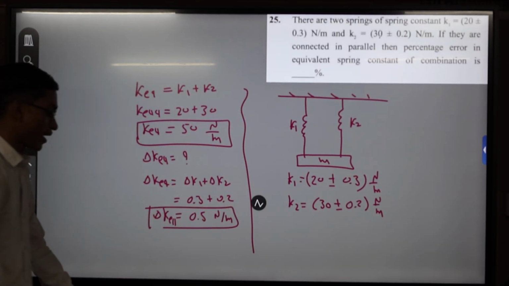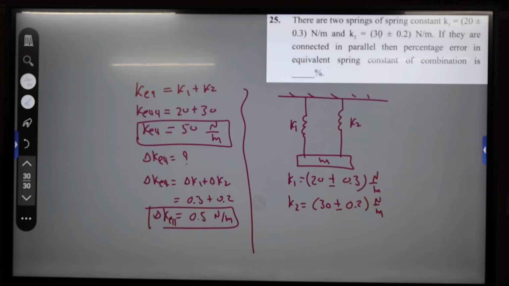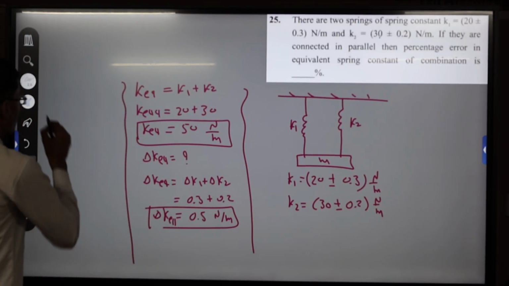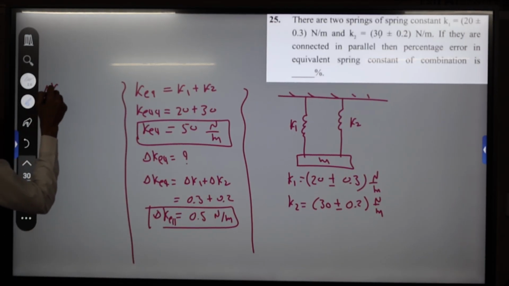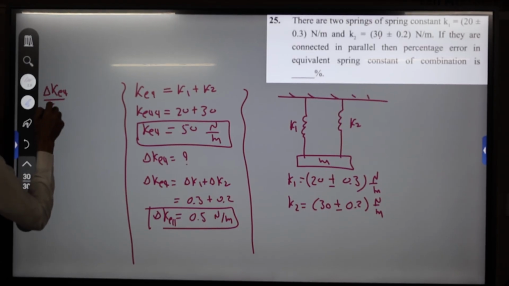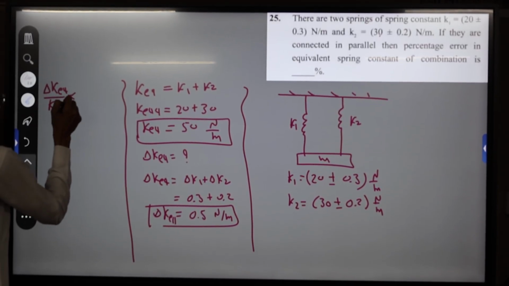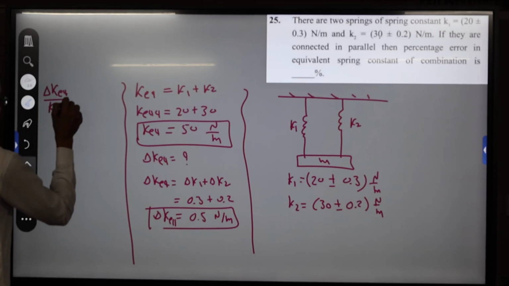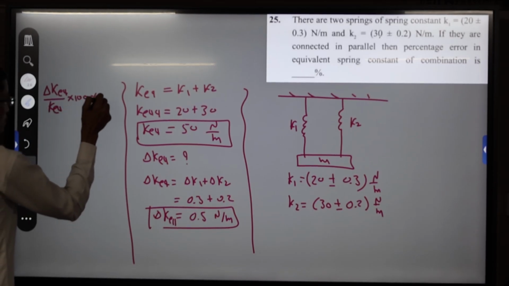Now we have to find delta K equivalent upon K equivalent into 100%.